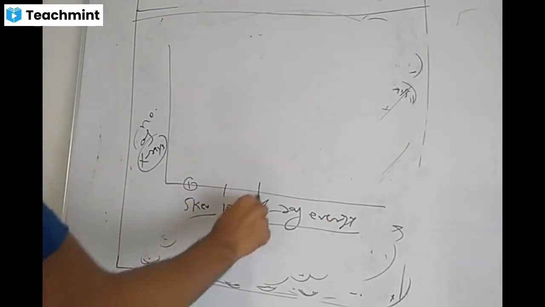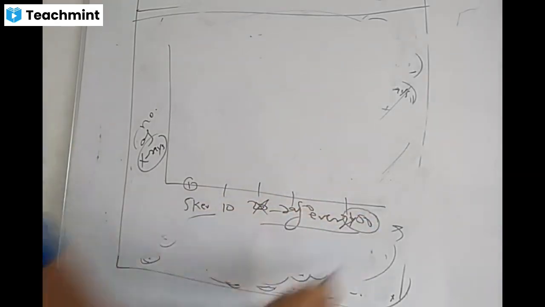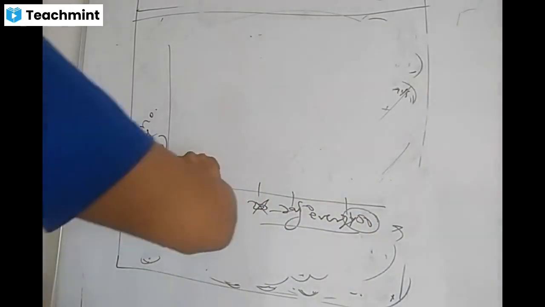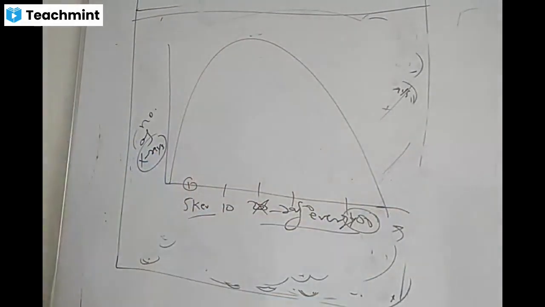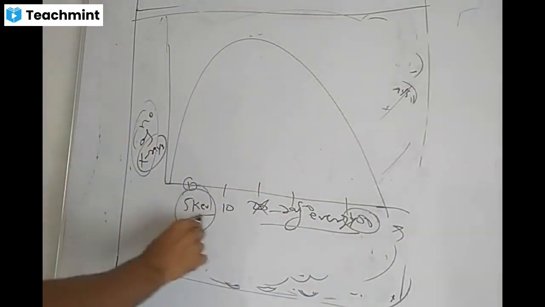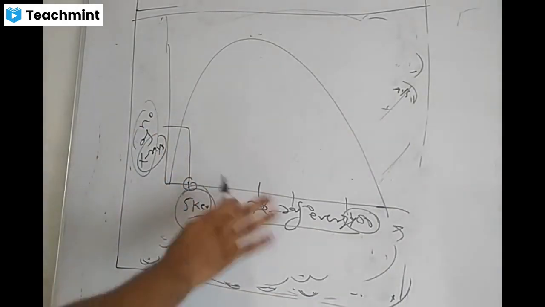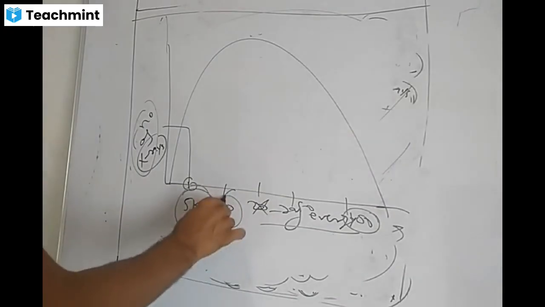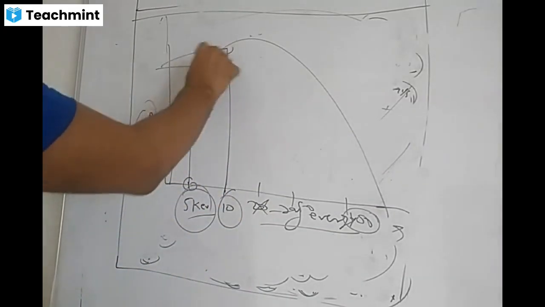Here 10, 20, 50, and 100. Then the graph will be like this. It means the number of X-rays which are having 5 keV are this much, and the number of X-rays which are having 10 kilo electron volt energy generated, they may lie at this place.